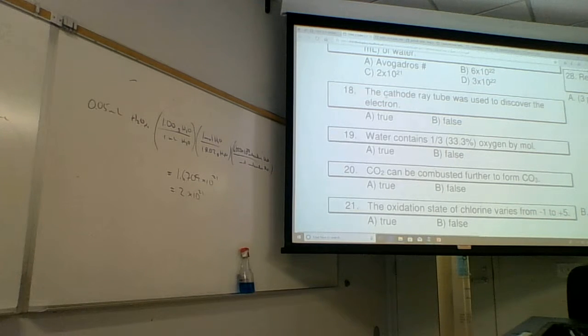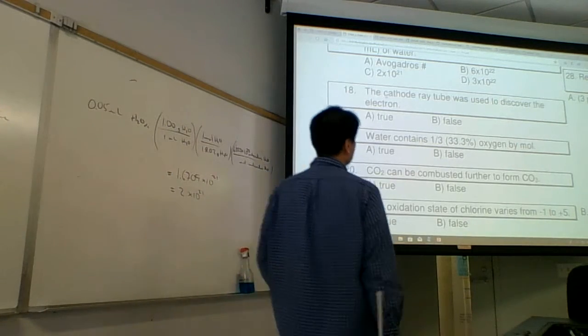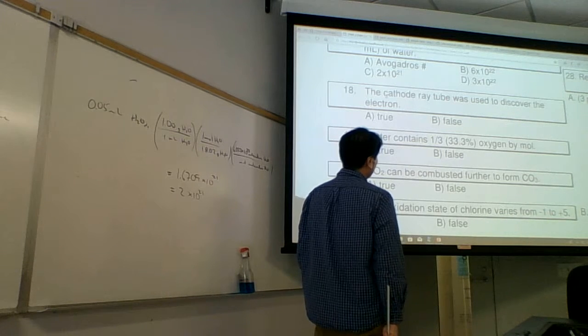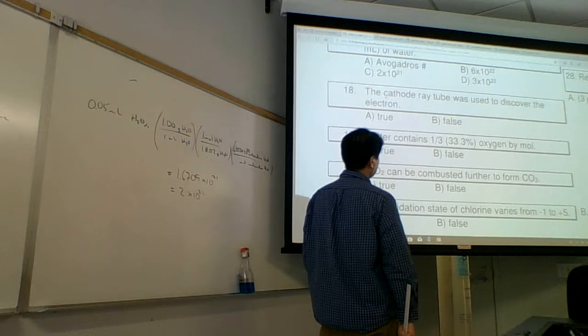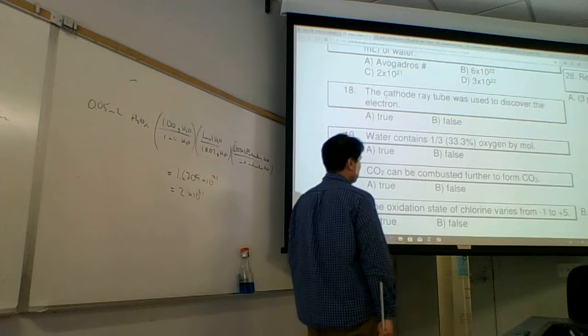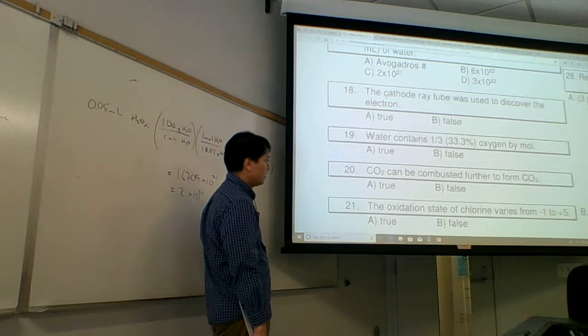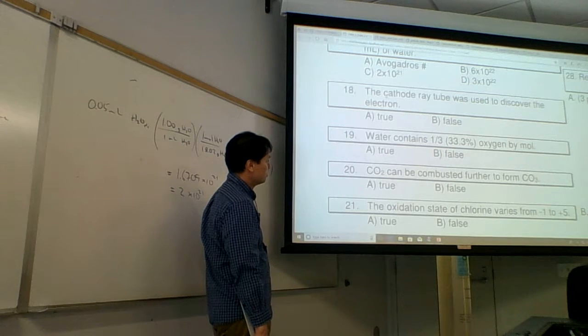Okay. Crookes tube and cathode ray tube are the same thing. So true. Yeah, it's true. CRT, Crookes, etc. These are all synonymous with cathode ray tube. Up until not so long ago, televisions operated by cathode ray tubes.